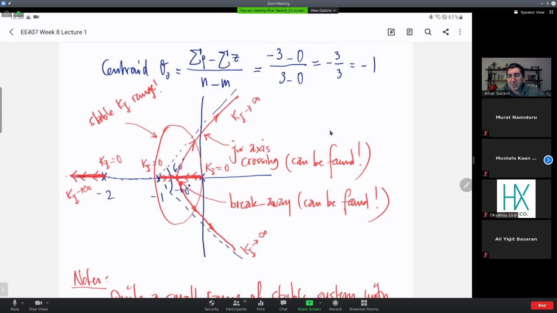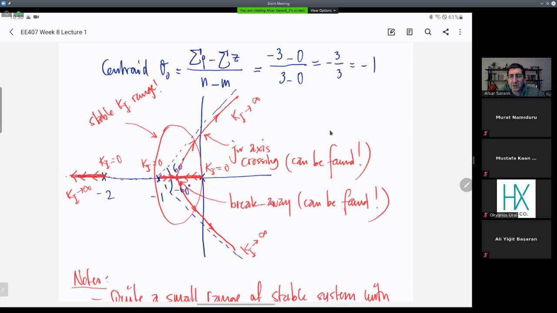What is the upside of an integral controller? The main purpose of an integral controller is to make the steady state error go to 0. By adding a pole at the origin, you increase the type of the system by 1, whatever the original system is.